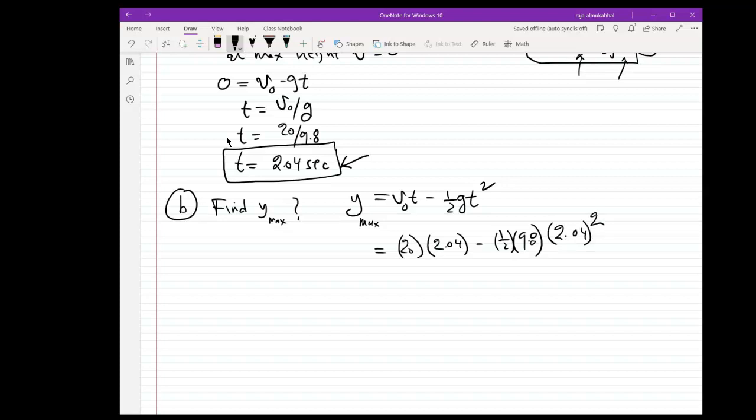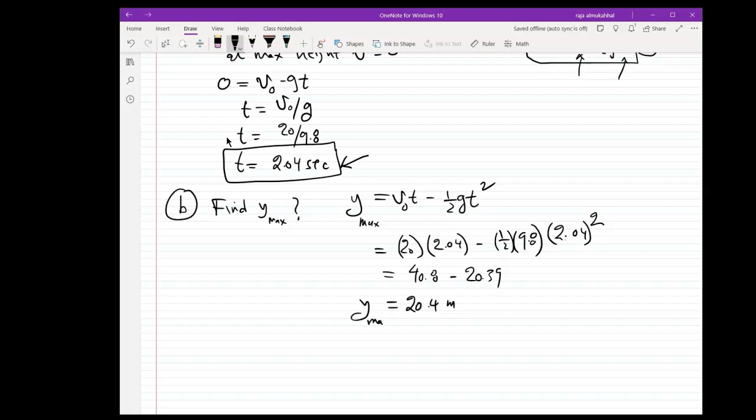And we would calculate all of that. That will give me 40.8 minus 20.339, and that will give me 20.4 meters.